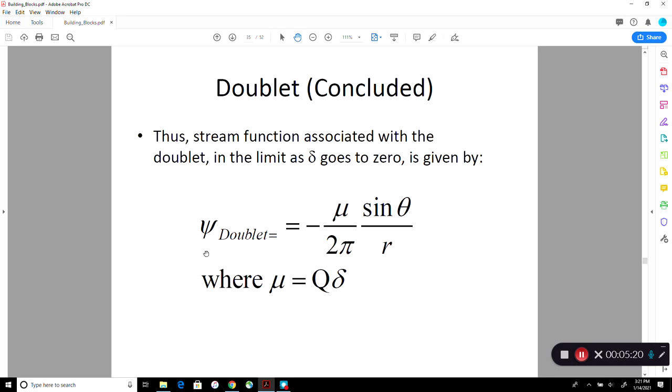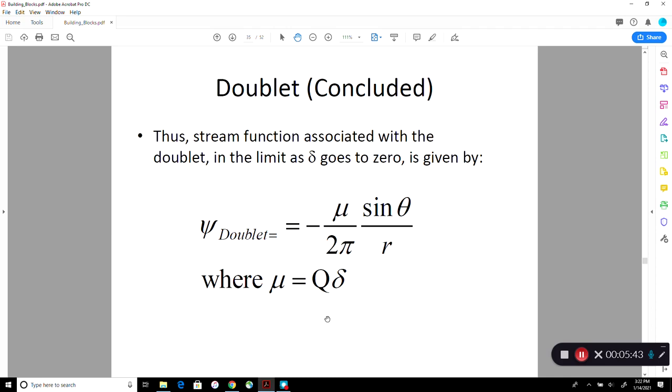So this is the stream function for a doublet, a source-sink pair. Source strength is mu, sink strength is minus Q. Delta is the distance separating them, but we let delta go to 0 and Q times delta approach this constant, which is mu.